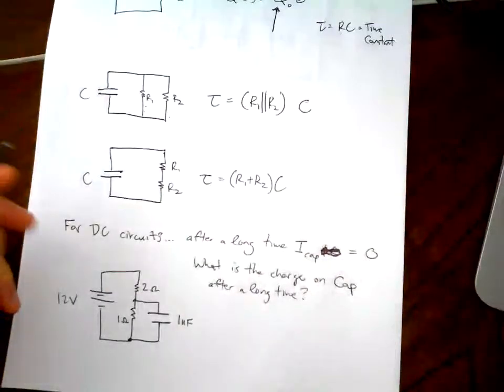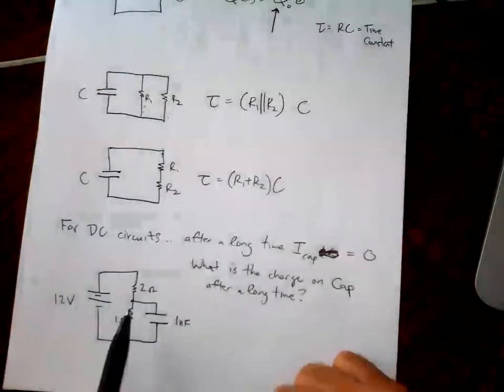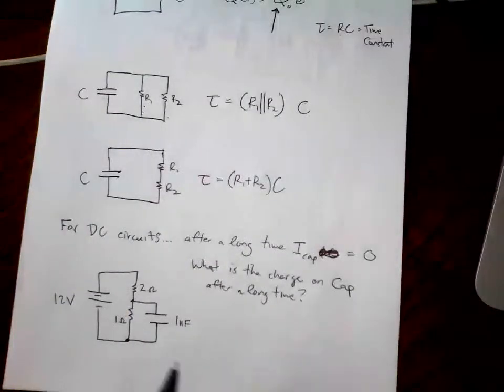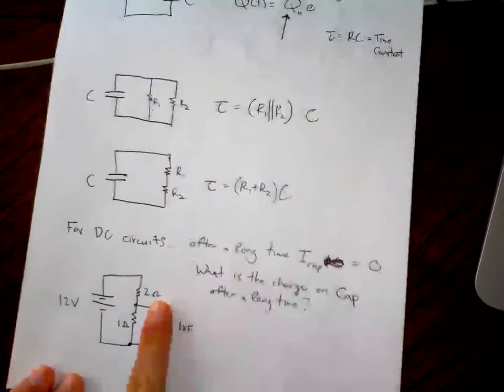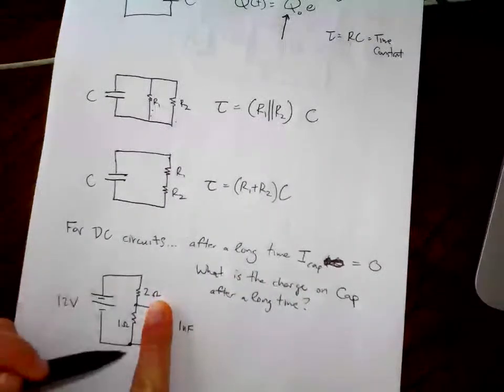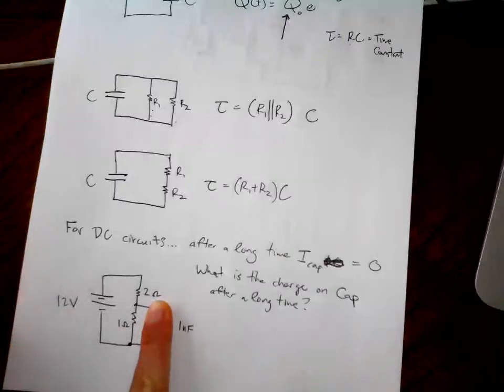So in order to figure that out, we would use the fact that after a long time, the current through the capacitor is zero. So we could basically just ignore the capacitor, okay? And if we ignore the capacitor, we can see that this is just a voltage divider circuit, okay?